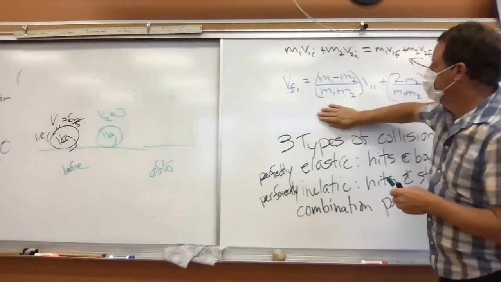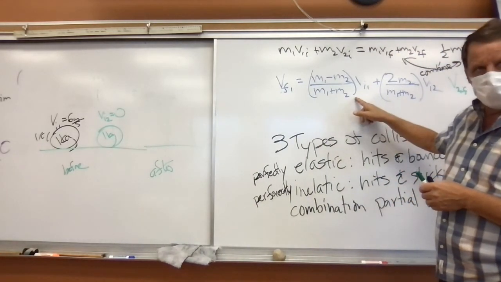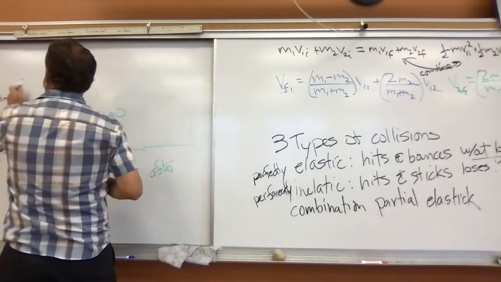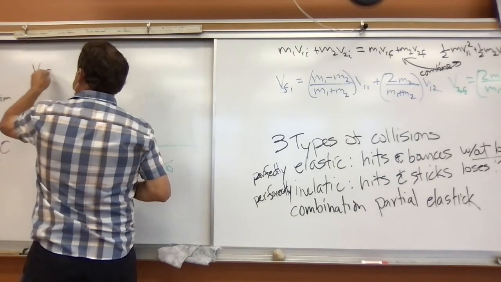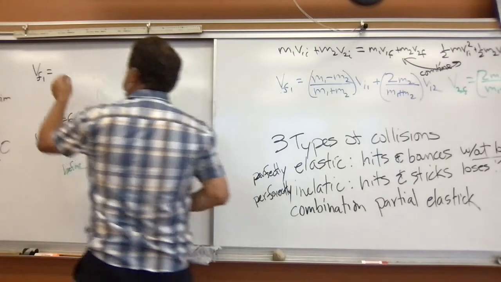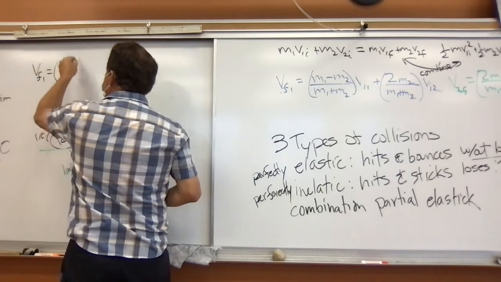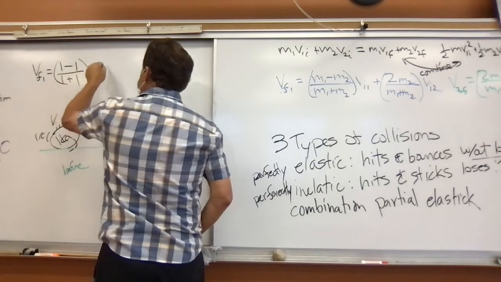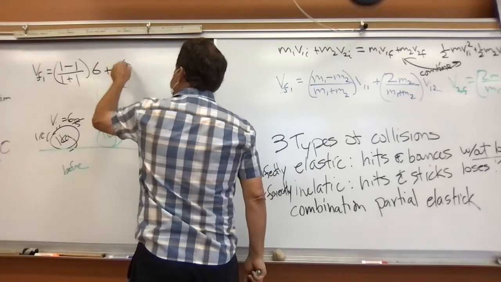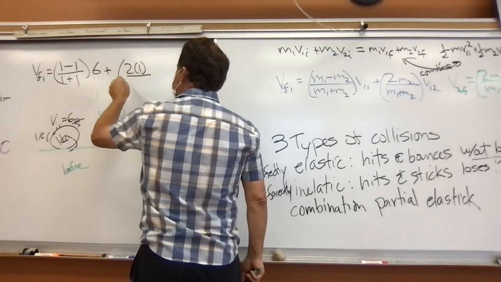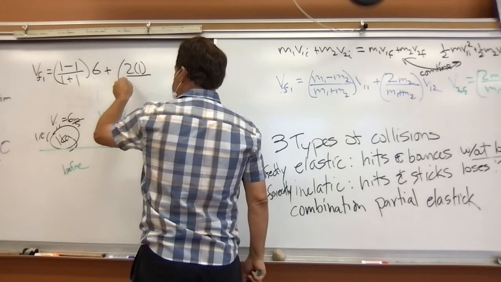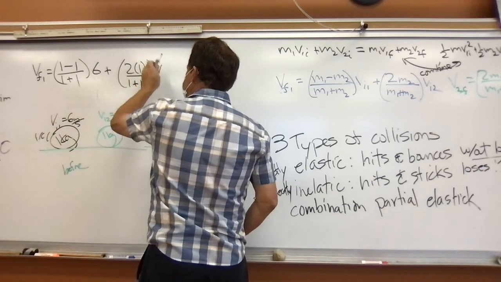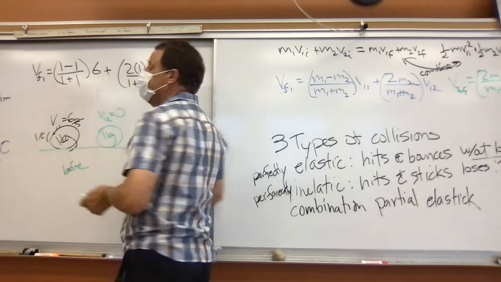I'm going to take this first equation and just put the numbers in. Our final velocity of the first ball is going to be the difference in the masses, 1 minus 1, divided by the sum of the masses, times 6, plus 2 times 1 divided by 1 plus 1, times the initial velocity of the second ball, which we know is 0.